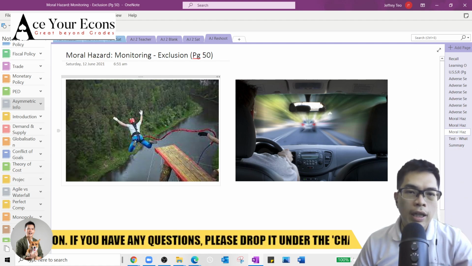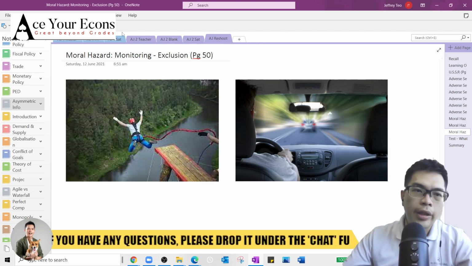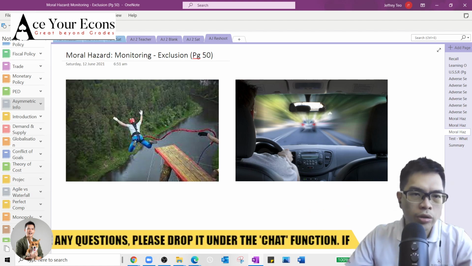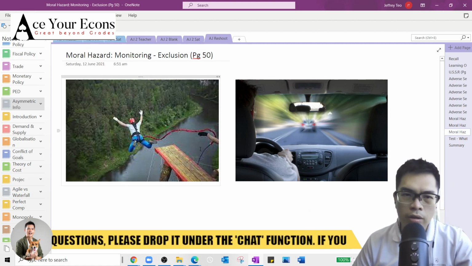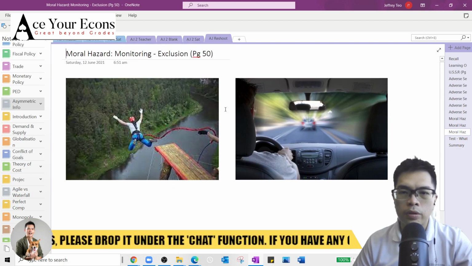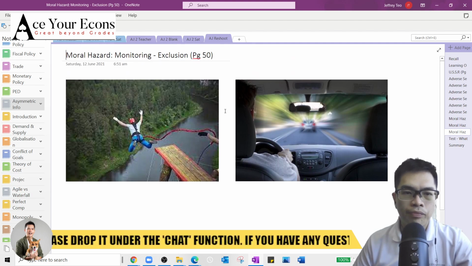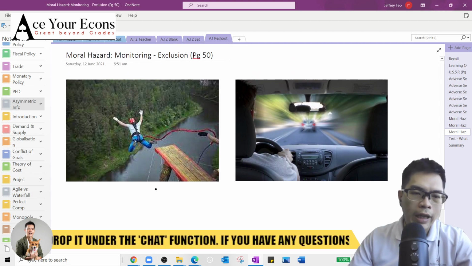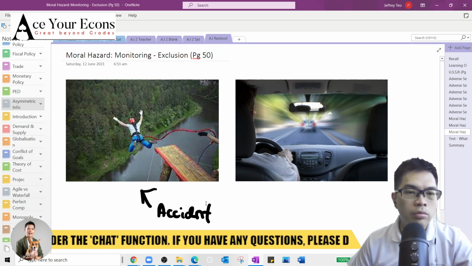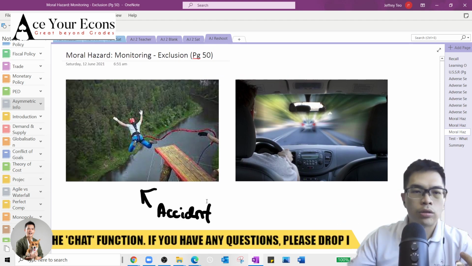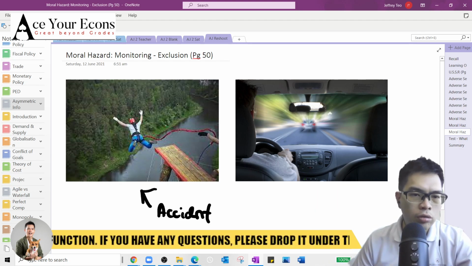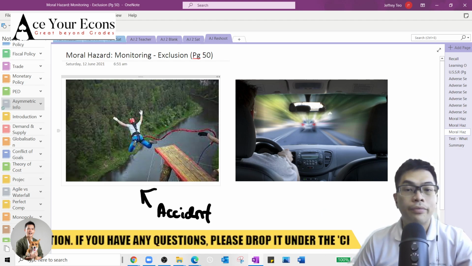So you can see that under monitoring, a lot of the moral hazard examples come from the insurer. The insurer can set specific rules to prevent risky behaviors. For instance, if your accident is due to bungee jumping, they can set a rule that any risky activities due to bungee jumping will not be covered.